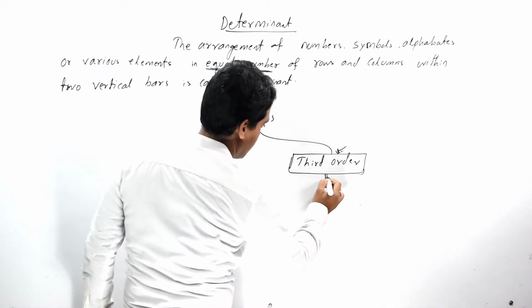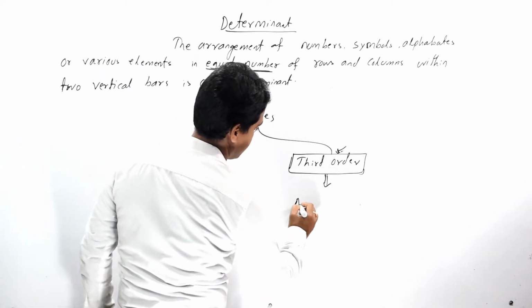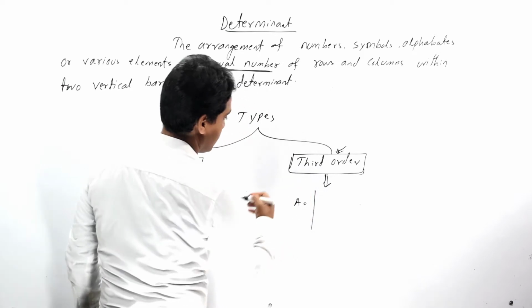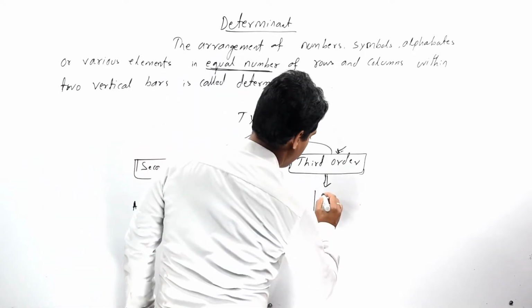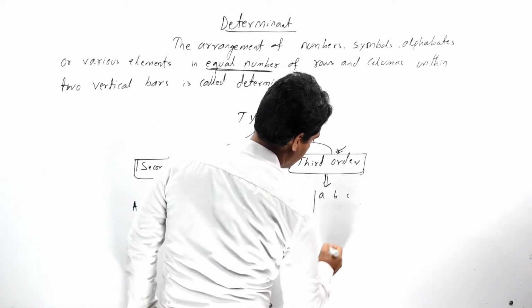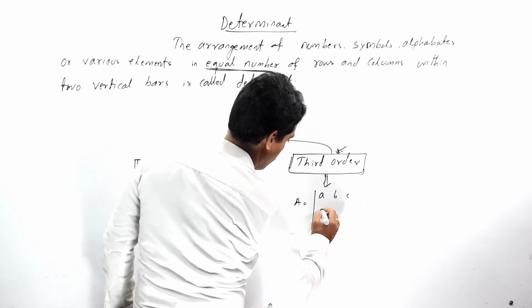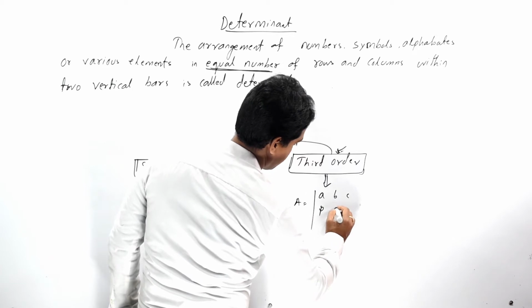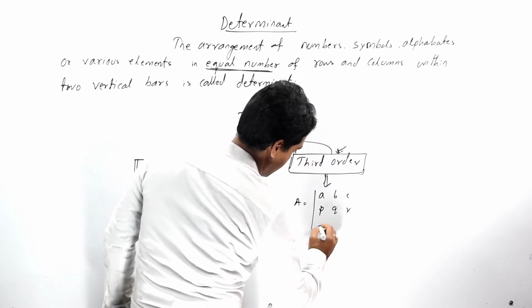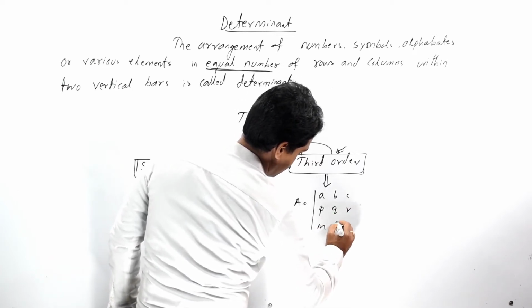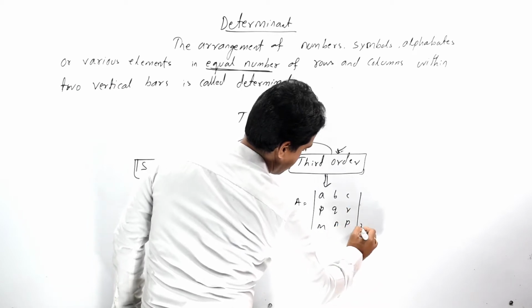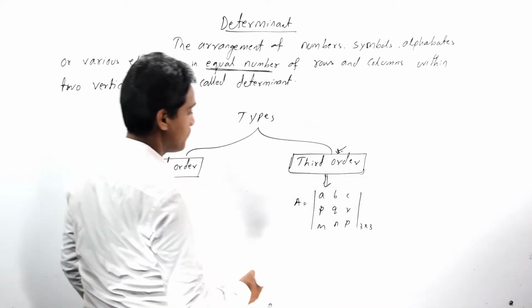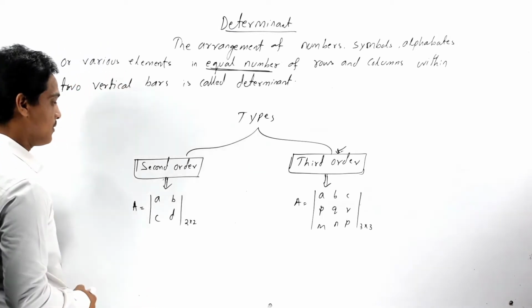Whereas a third order determinant consists of 9 elements, which contain 3 rows and 3 columns, that is 3 into 3 order.